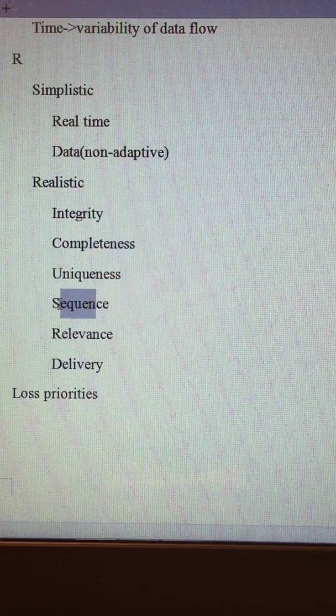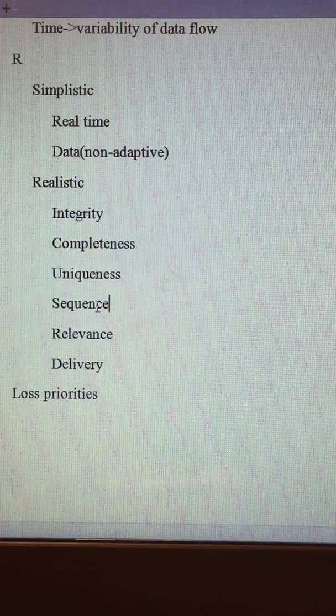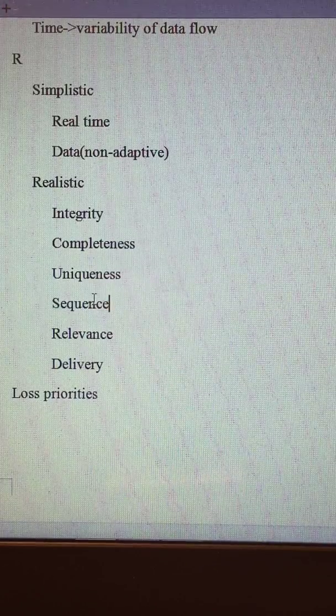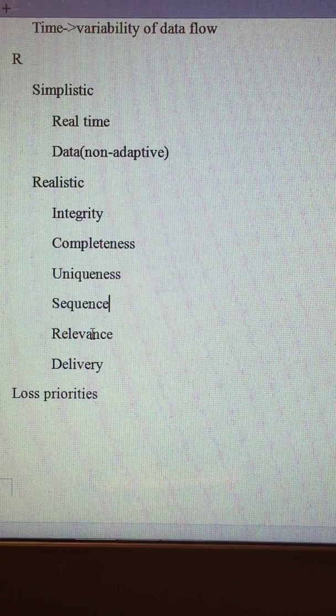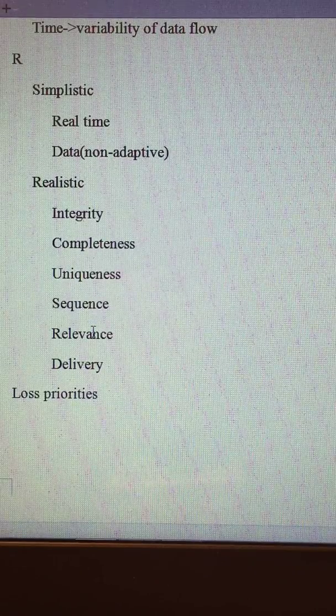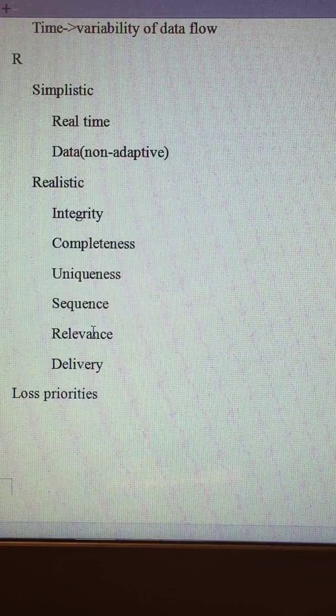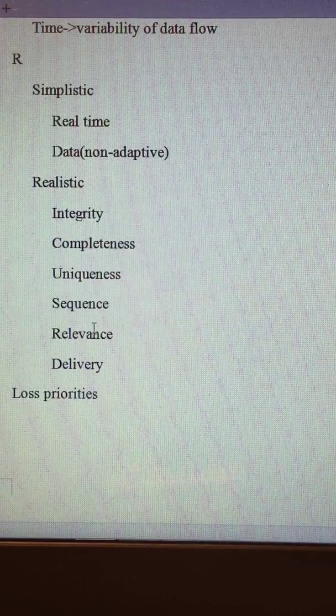Sequence means the information has been sent in the correct order. Relevance means the information was not inserted by some outside information.